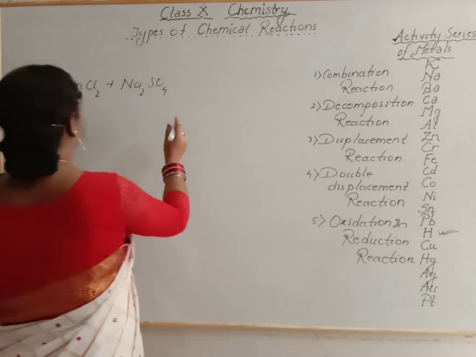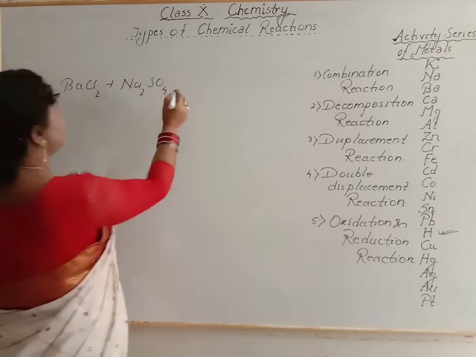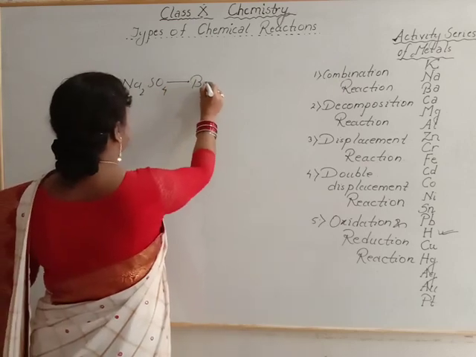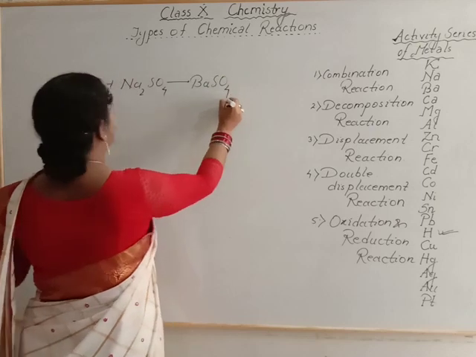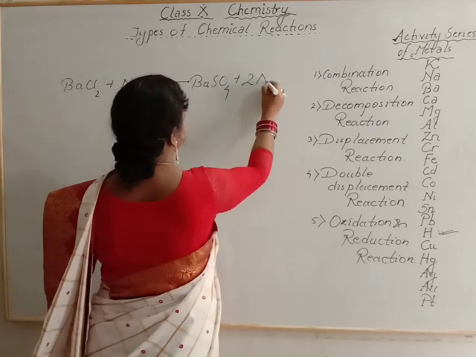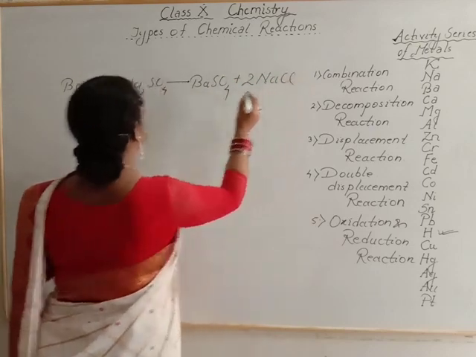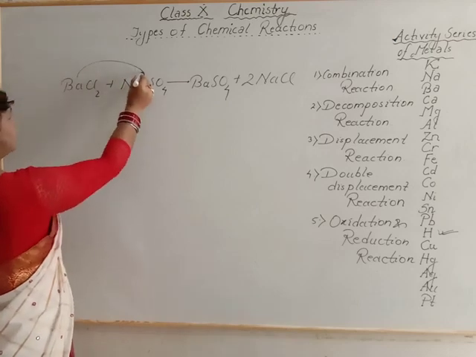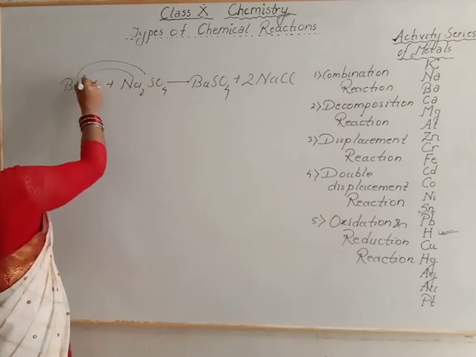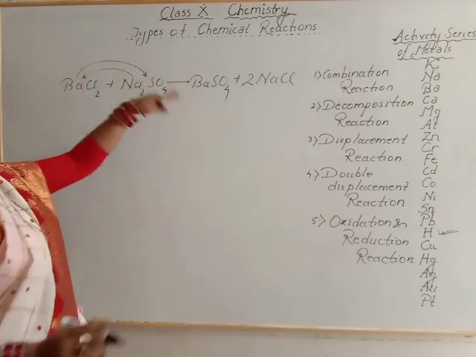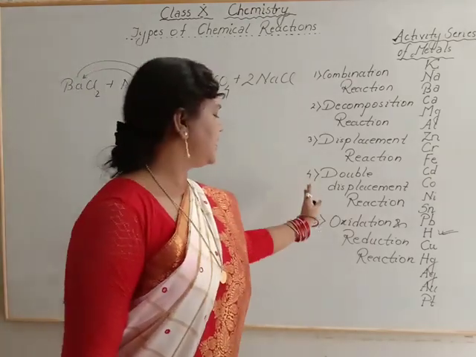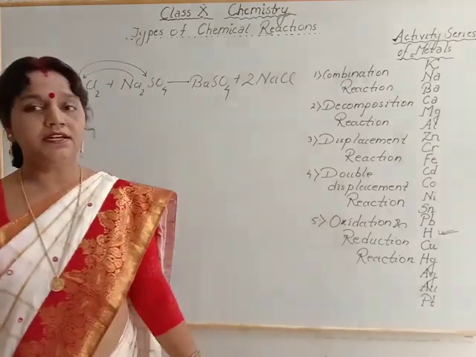What happens? There is only exchange of ions. BaSO4 plus NaCl. This comes here, this comes here. Only exchange of ions. So these are examples of double displacement reaction.